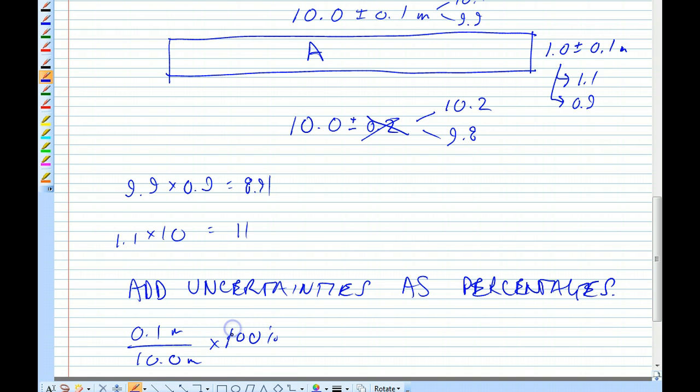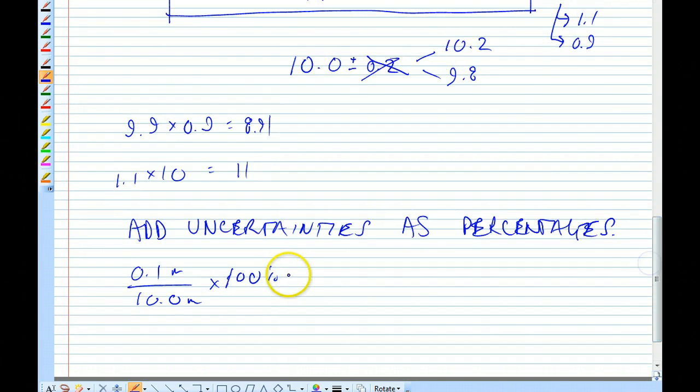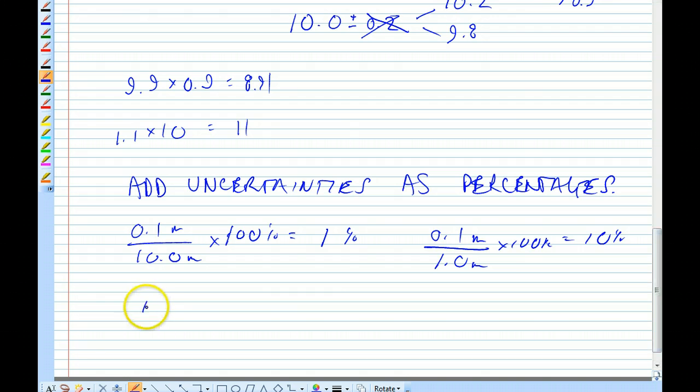You don't actually have to go all the way to percent. You can leave it as a decimal fraction, but I'll go all the way to percentage here just to illustrate. This is 1%. And then I've got 0.1 meters over 1 meter on the width of this thing times 100. That's 10%. Okay? 10% plus 1% is 11% total. That's the uncertainty in my answer.